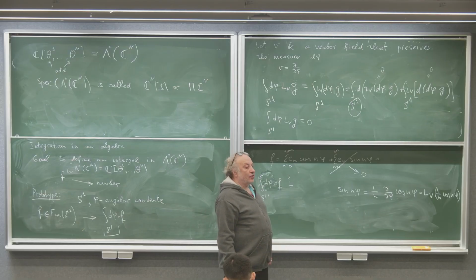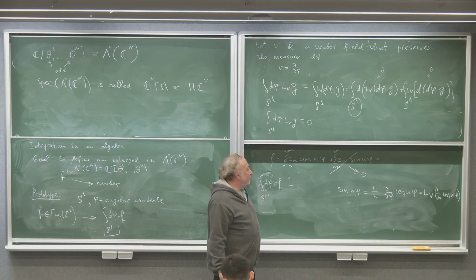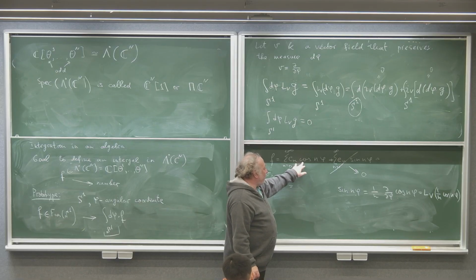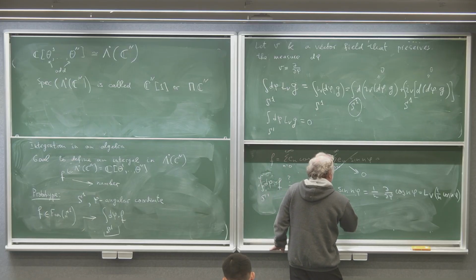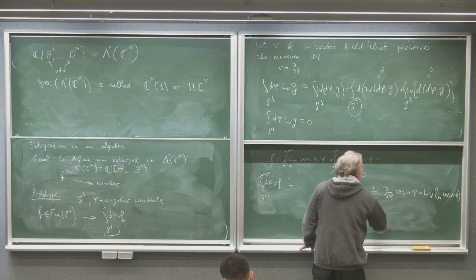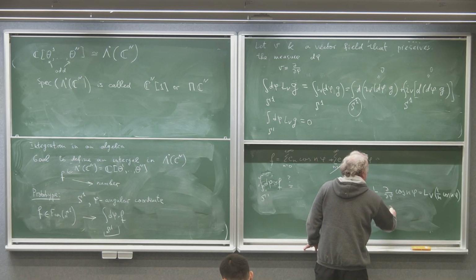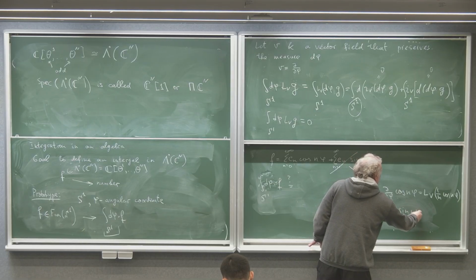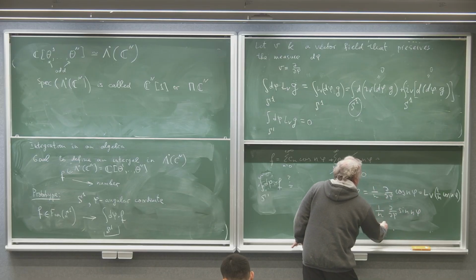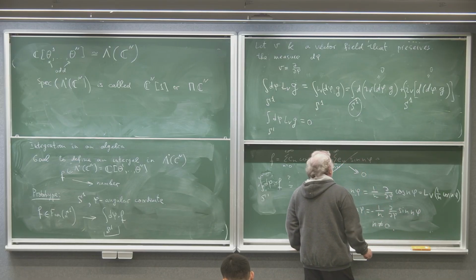They are in the image of LV. Now let me look at the first step, for n not equal to 0.